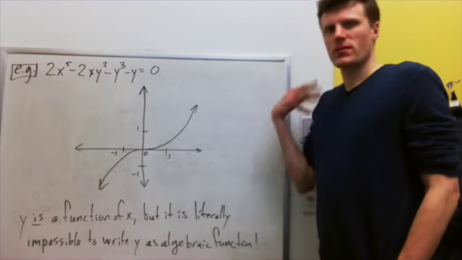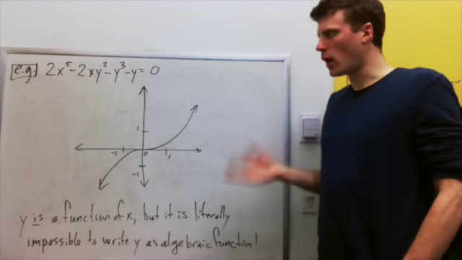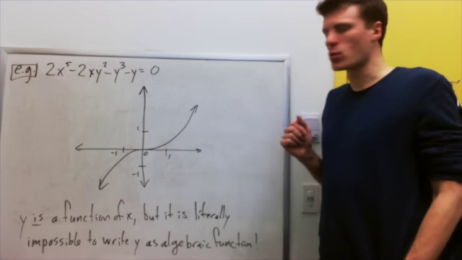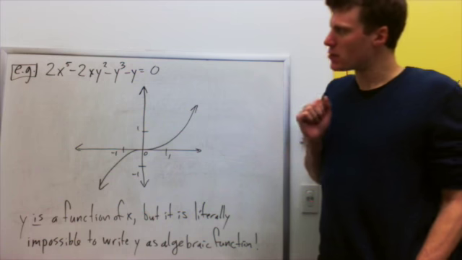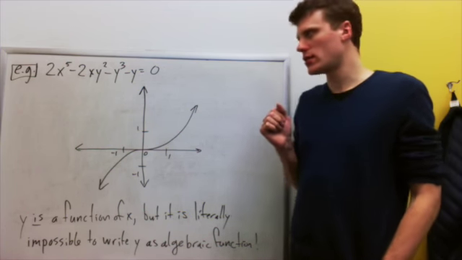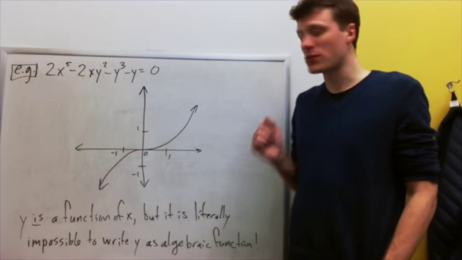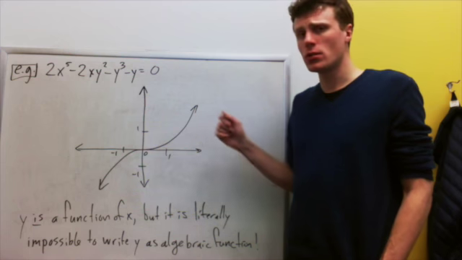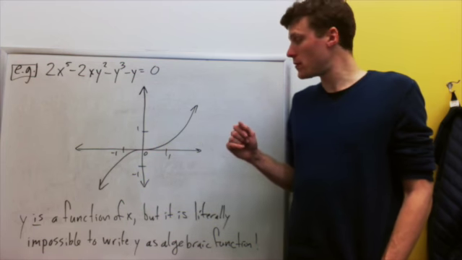Let me just give one more example of why we need some other way of differentiating equations like this. This right here is 2x to the 5th minus 2xy squared minus y cubed minus y equal to 0. When I graph out this equation, I actually do get the graph of a function.